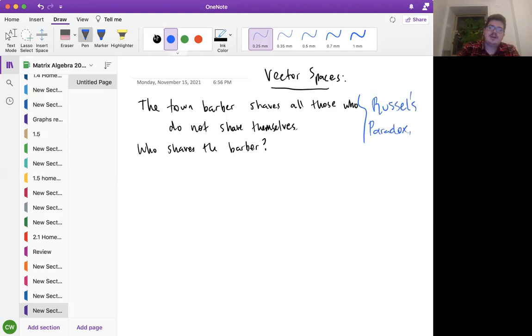So early on in math, when set theory came to be, the definition of a set, which we'll talk about, is very general. And Russell, as a mathematician, found a pretty bad contradiction if you define sets a certain way.